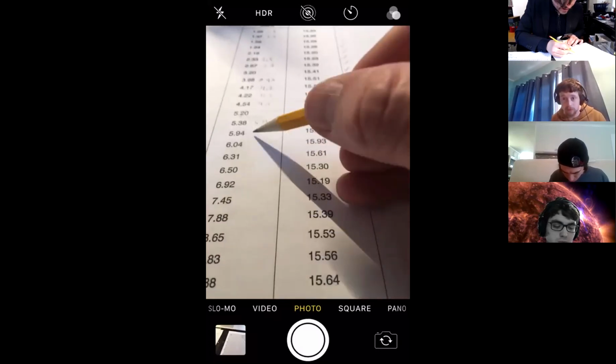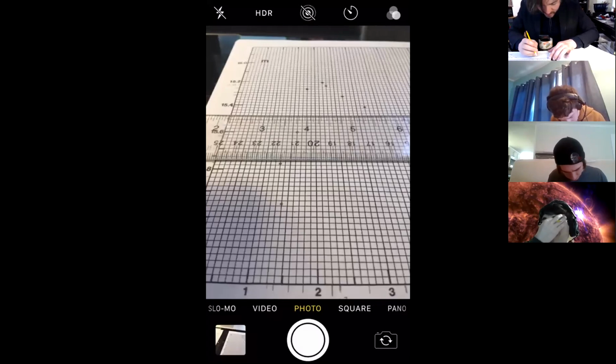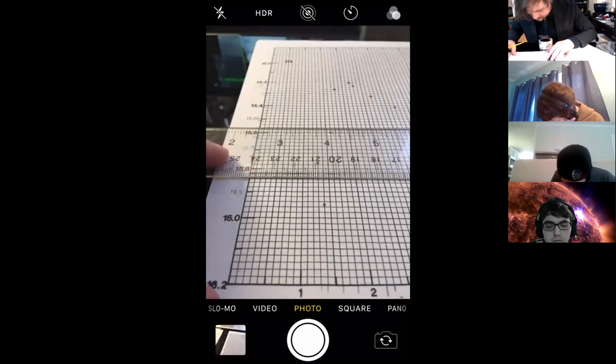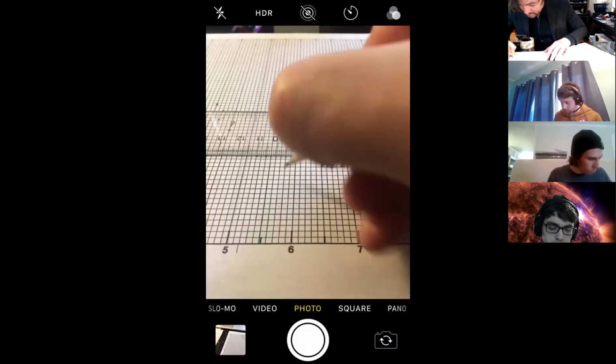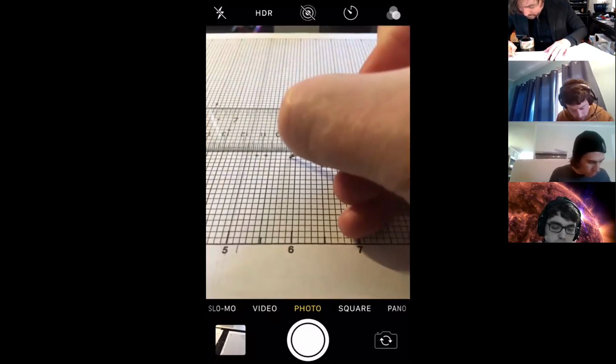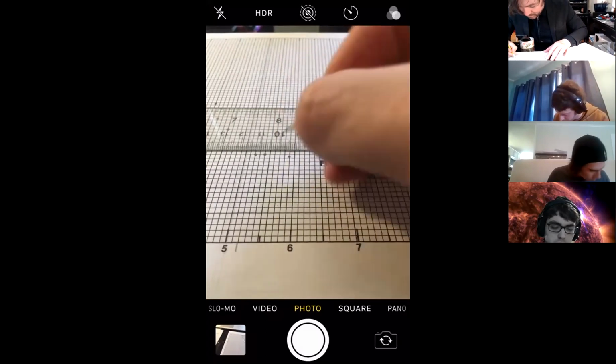Okay. That's pretty good too, Riker. 5.9 and 15.85. This is 15.85 right here. And that's 5.9. I think I did that right.